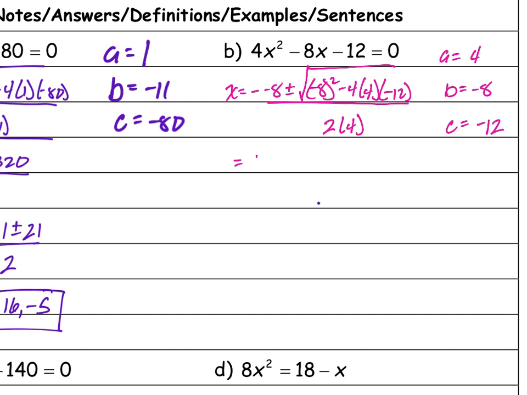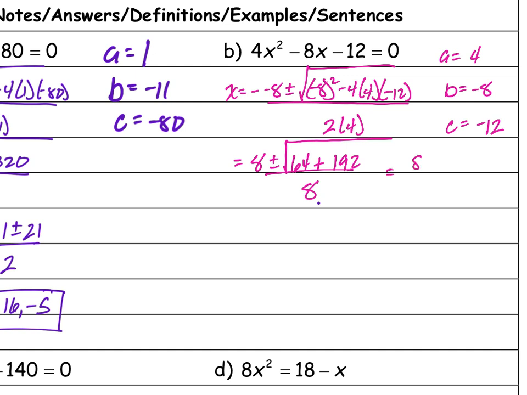So minus a minus 8 is positive 8, plus or minus the square root of negative 8 squared is 64. And a minus times a minus is a plus. So 16 times 12, 192, all divisible by 8.